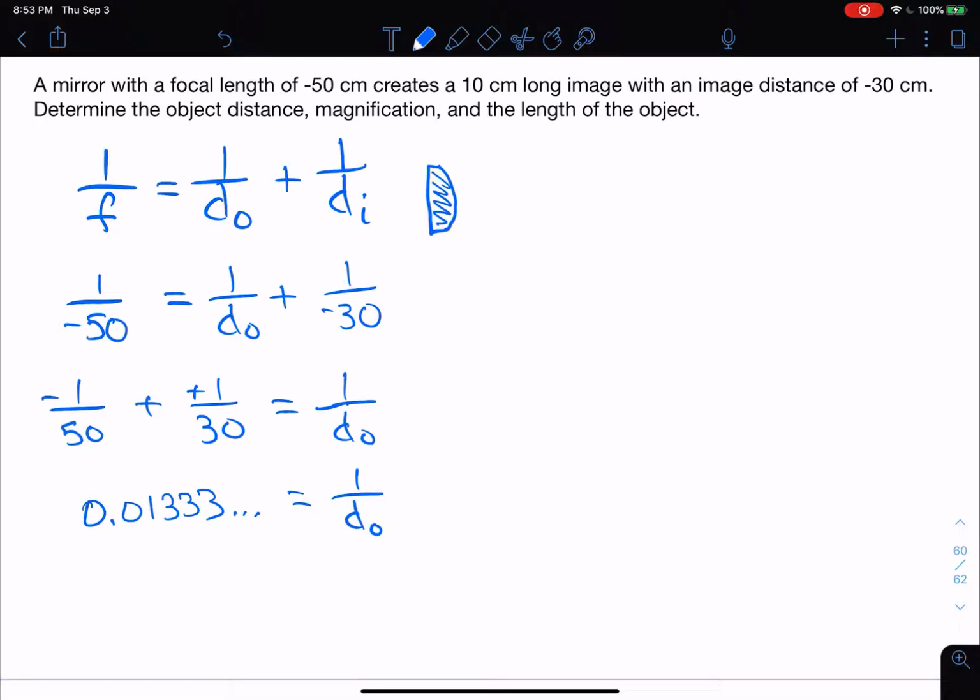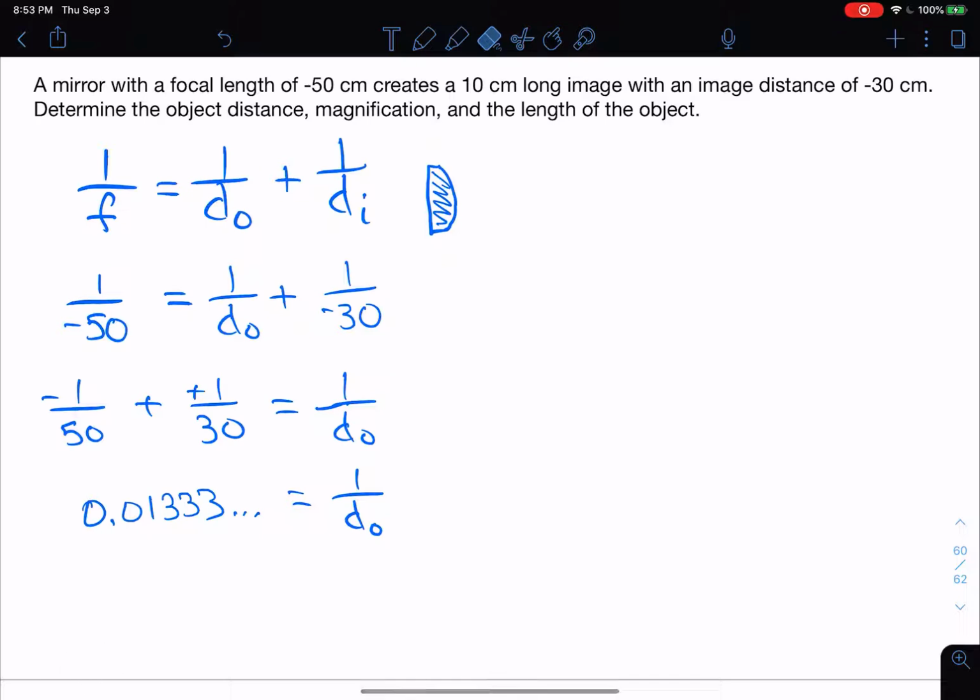Now, I can't stress this enough, we are not done. All we have solved for here is 1 over the object distance. We still need to solve for the object distance. The easy way to do that is to take the reciprocal. When I did this calculation just now, I left the number in my calculator. And I hope you did as well. It makes it easier here because now all you have to do is take the reciprocal of your answer.